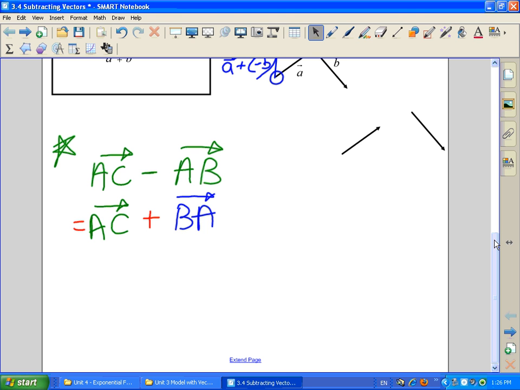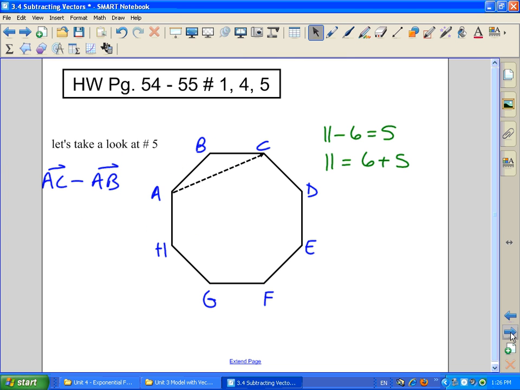All right, let's take a look at our homework, and we're going to do one homework question together to get us started, which will tie this in. Looking here, ladies and gentlemen, on pages 54 to 55, our homework questions are 1, 4, and 5. But let's take a quick look at number 5 because it could be confusing.